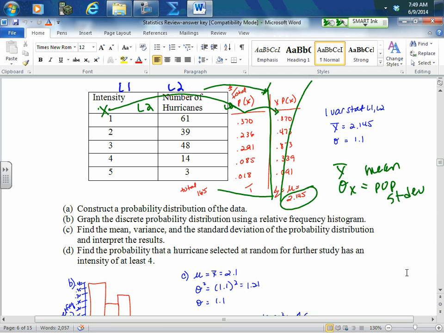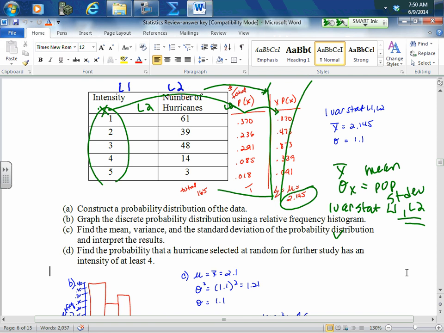I would just put it in my L1, my L2. But remember, when you do a 1-var stat, you have a frequency. So you have to do L1, L2. And on my calculators, it'll say your data is in L1, your x values, your frequency, L2. You have to make sure you specify L2. Otherwise, it'll just take the averages of these and give you 3 for the mean. Okay? So if you put it in there, that gives you this part of it.